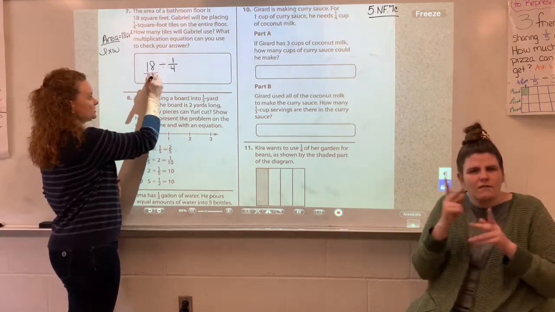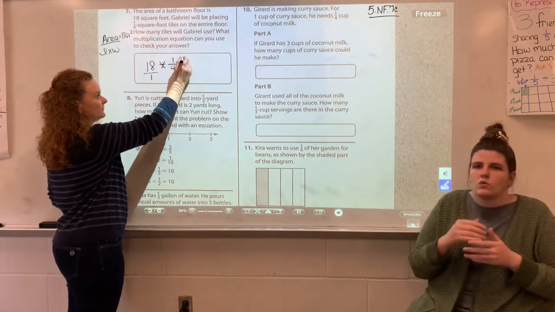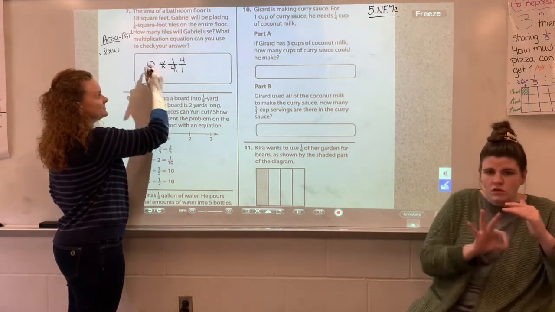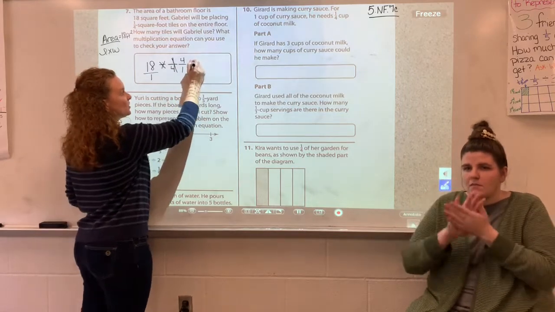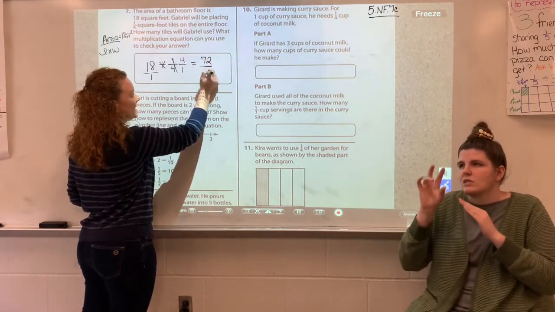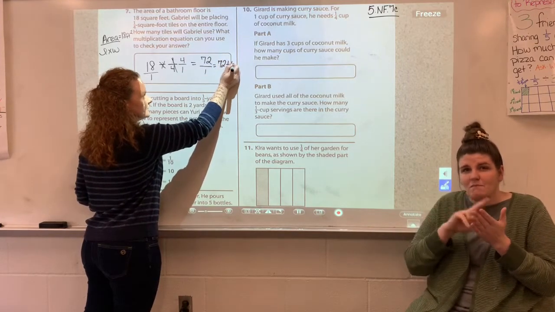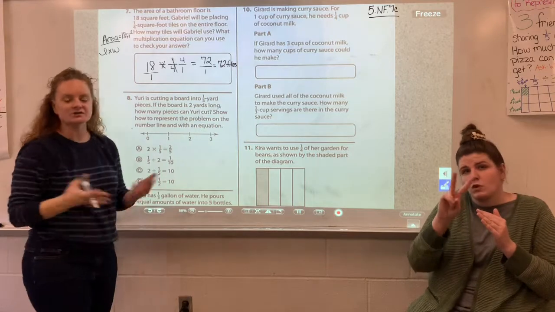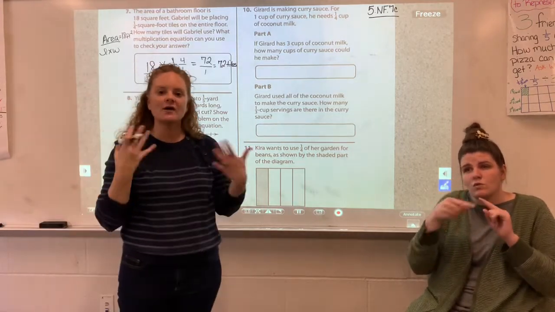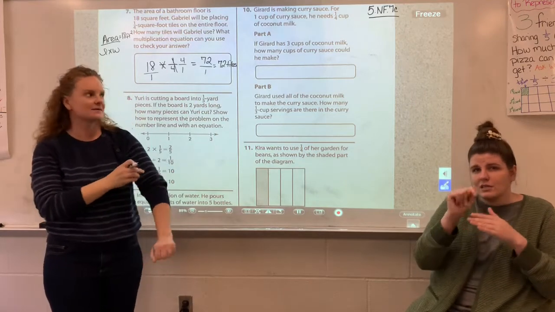We change this into a fraction, we keep it, we multiply, we flip, which becomes 18 times 4, which is 72 over 1, which really is 72 tiles. So when you go to the store and those tiles are each 25 cents, you think, oh, I can do it, no problem. Well, when you have to buy 72 of them, it adds up quickly.